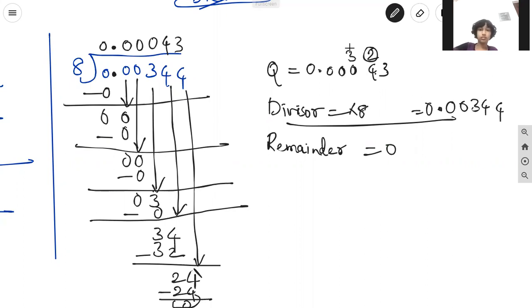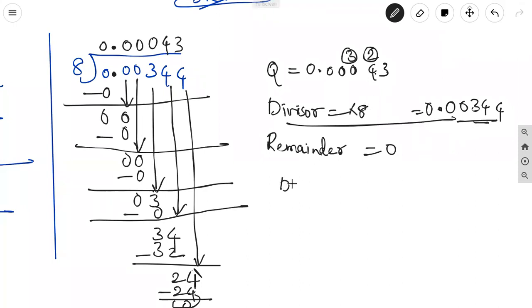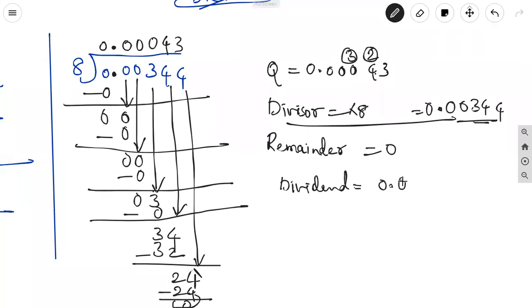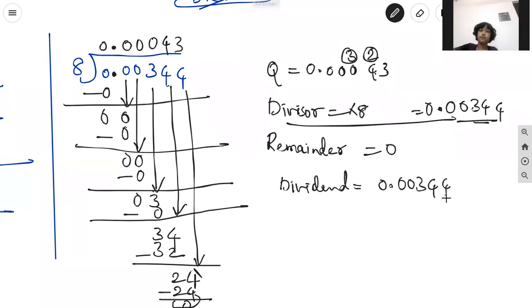Why? Because in 34, 3 is carry here. 8 zeros are 0 plus 3, 3. 0.00344 plus remainder, we are getting the dividend. Dividend is equal to 0.00344. This is the answer. In that way, we can do that.